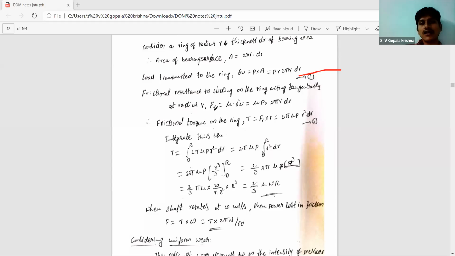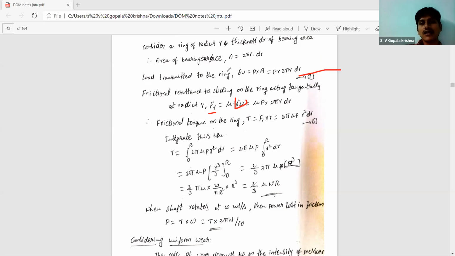Fr equals mu into Rn, which is replaced with del W, the ring load value. So Fr equals mu into del W, which is mu into P into 2 pi r dr. Now frictional resistance, load and area are all there.